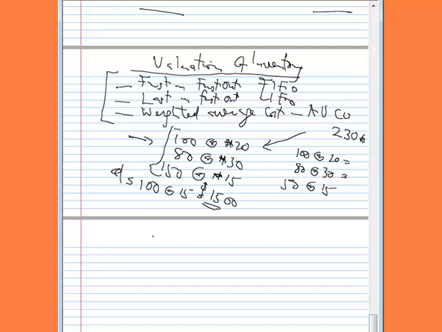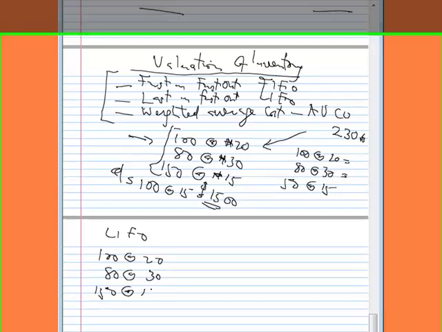But last in, first out says issuance of inventory out of store must follow the reverse order. The last stock that comes in must be issued out first. So assuming we are using last in, first out, the 3 batches of materials that we received: 100 at 20, 80 at 30 naira, and then 150 at 15 naira.